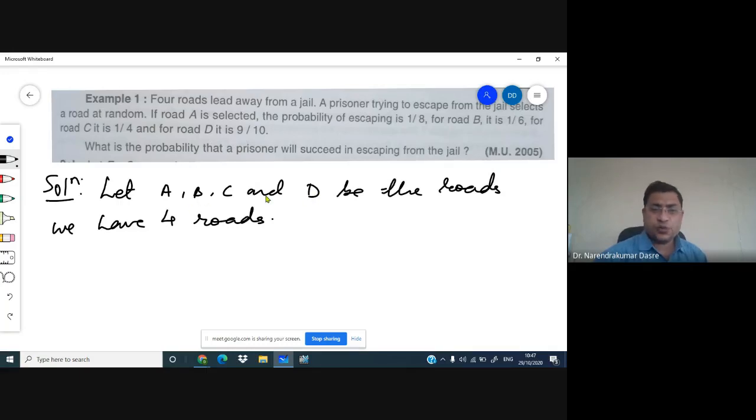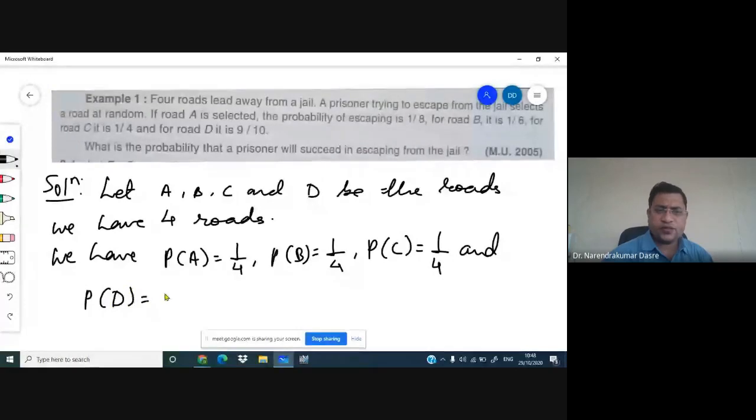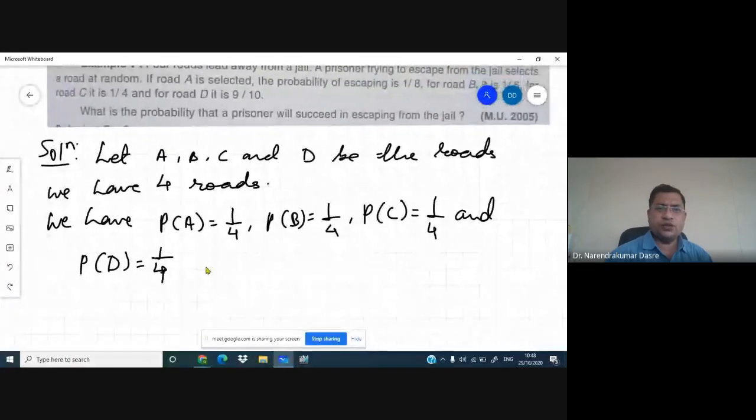There is nothing special about any road, but at least one he has to choose. So the probability of choosing any road is equal. Hence the probability of choosing road A is 1 by 4, road B is 1 by 4, road C is 1 by 4, and road D is 1 by 4. All these roads have equal probability of being chosen.